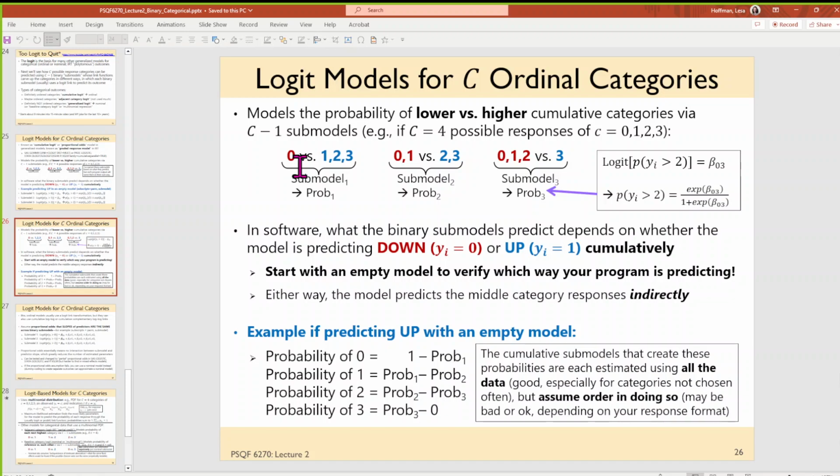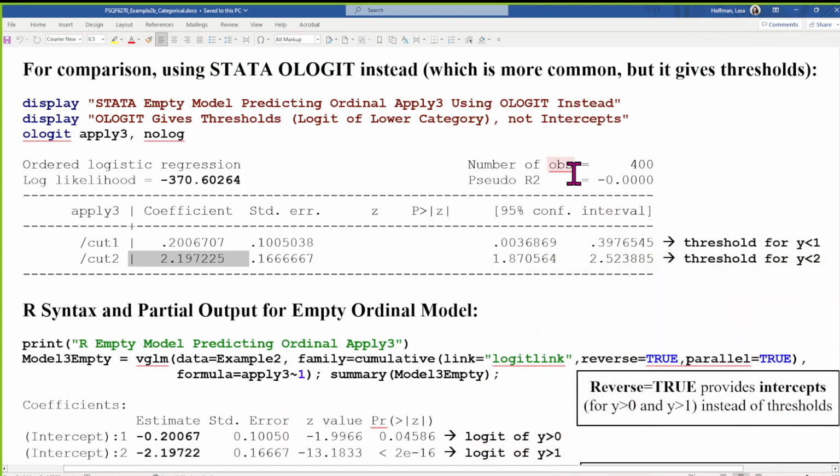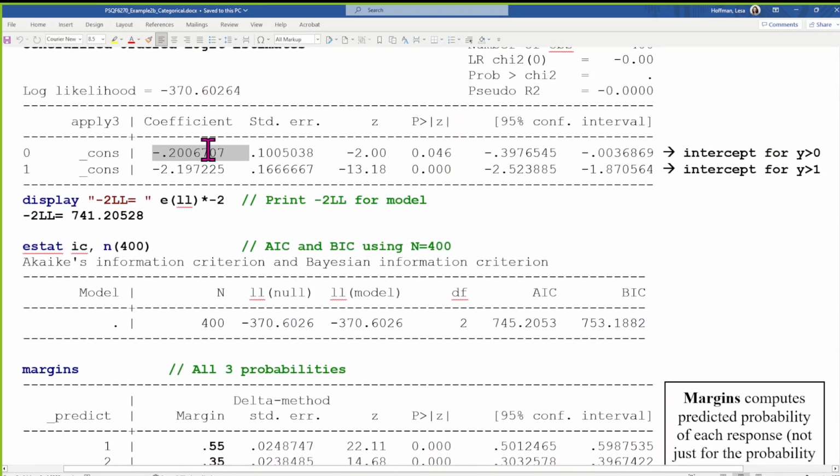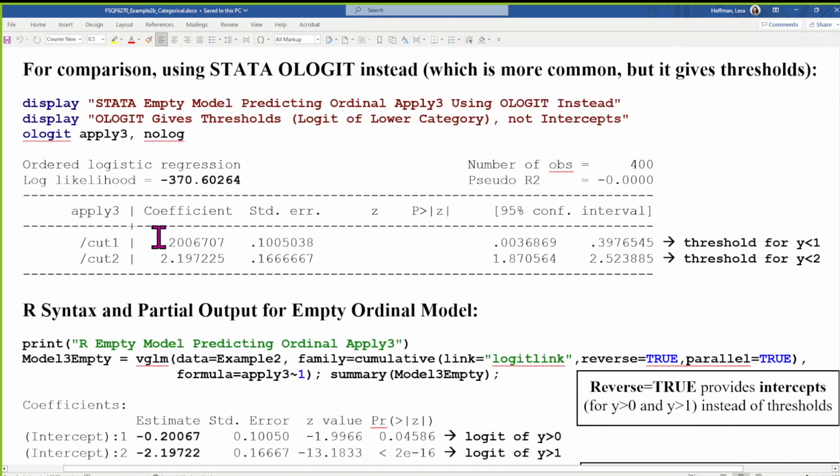Multiplying by -1 gets you back and forth, because logits are symmetric. So these numbers: -0.2 is the intercept, 0.2 is the threshold. Intercept times -1 is threshold and vice versa.